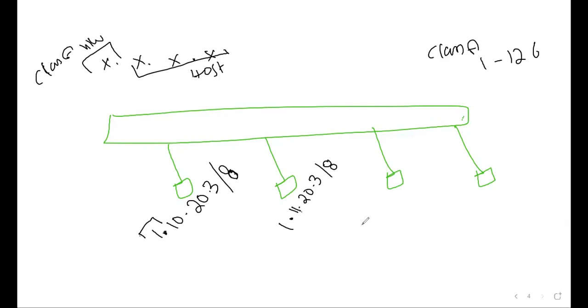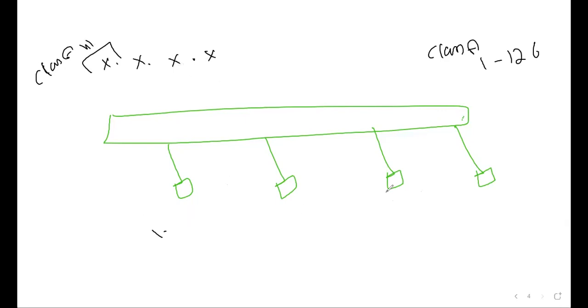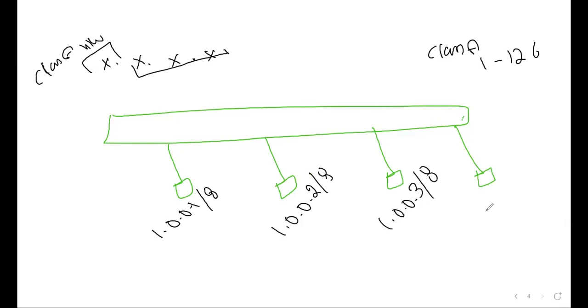If I'm giving 1.11.20.4, it's different. But we always recommend assigning IPs in continuous addresses. For example, 1.0.0.1/8, 1.0.0.2/8, 1.0.0.3/8, 1.0.0.4/8.